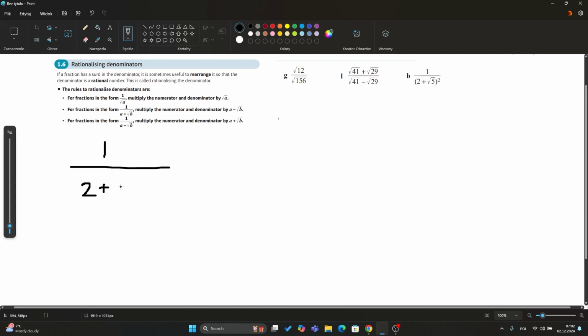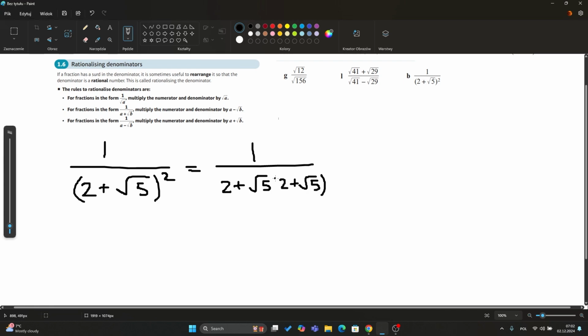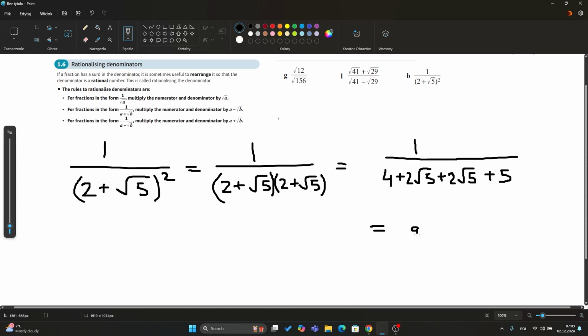Now the final question, where the bottom is squared, we have to expand the brackets first. So 2 plus root 5 and 2 plus root 5. And that is 2 times 2, which is 4, 2 times root 5, which is 2 root 5, 2 times root 5, which is 2 root 5, and root 5 times root 5 is 5, therefore we have 9 plus 4 root 5 at the bottom.